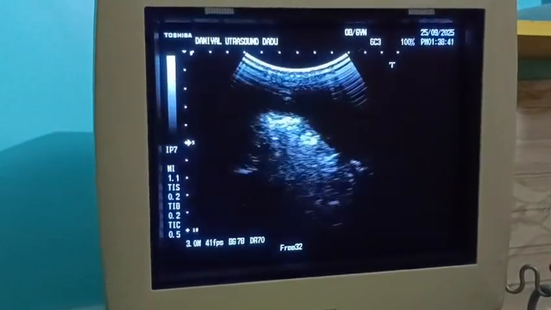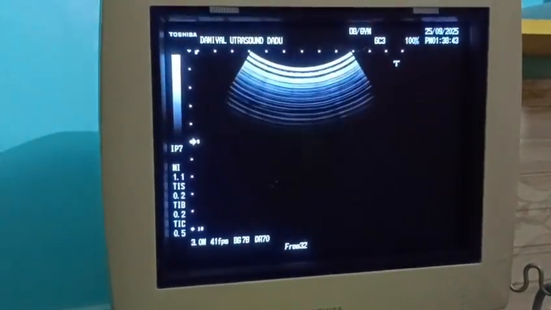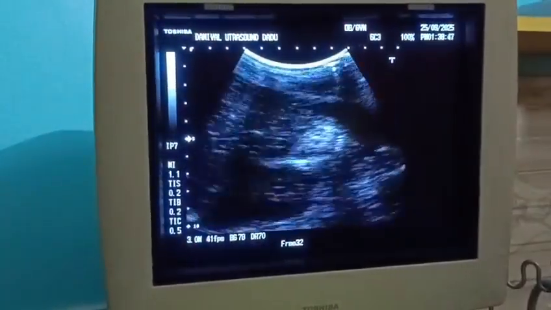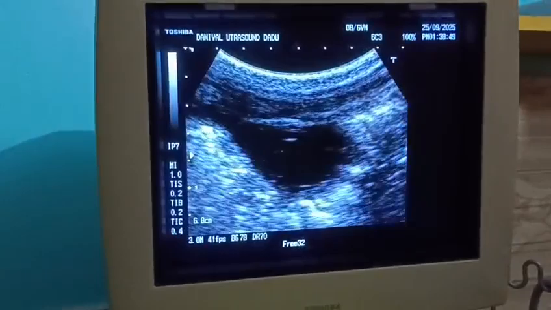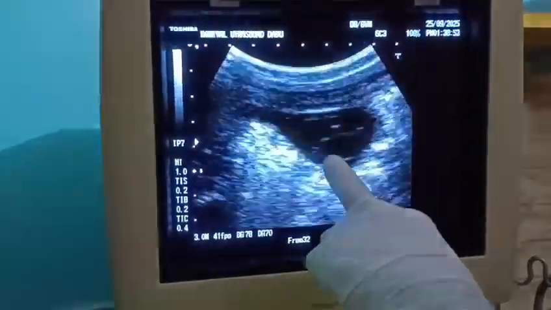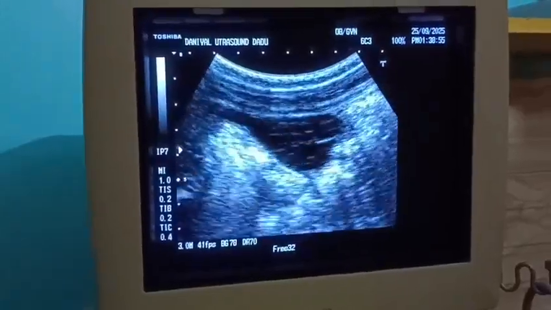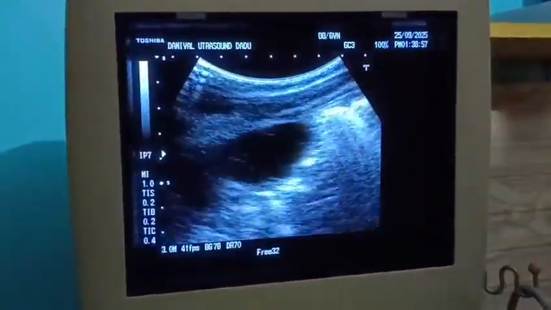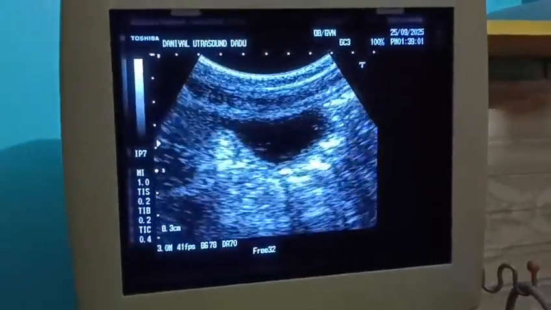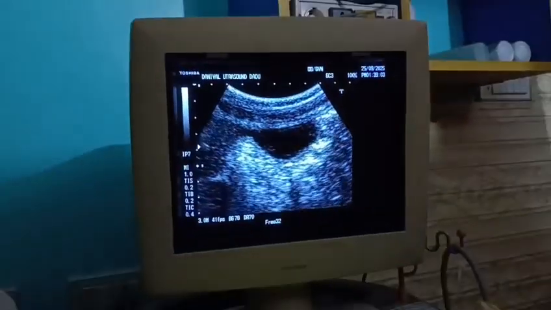Now let me describe, as I told you, the consistency of the free intraperitoneal fluid. Here we are going to the lower border of the liver, where we have accumulated fluid. You see here, this is the lower border of the liver. The fluid is complex fluid here, showing a complex picture.